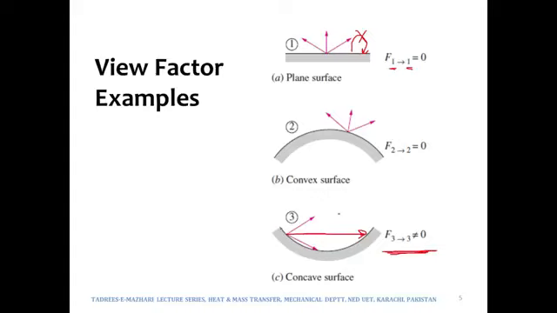No, even in a curved surface it may be 0. For example, over here, if we talk about the radiation leaving the other side of the curved surface, the radiations will not get bent onto the surface itself. So in this case F22 will be 0, right? So this is just to give you a little bit of an idea about some values of the view factors.